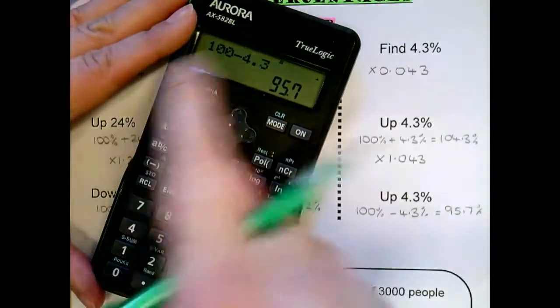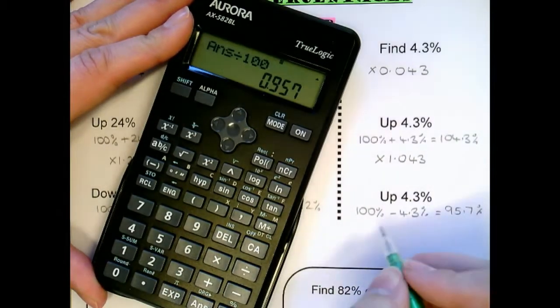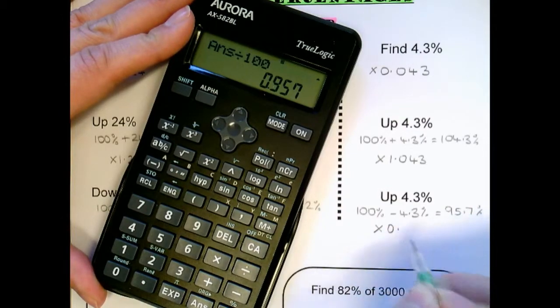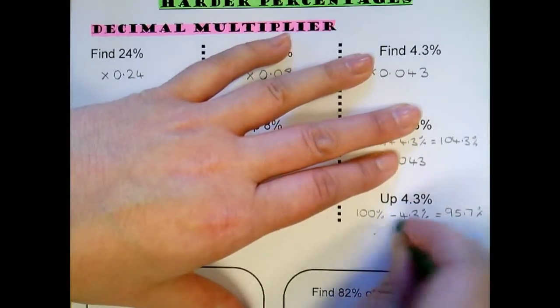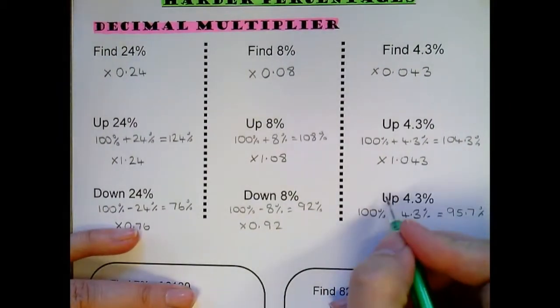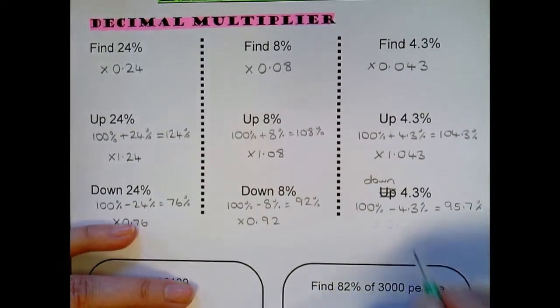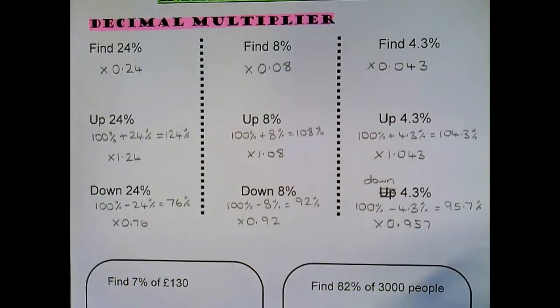And then you can even turn this into a decimal on your calculator if you want. Divide it by 100 to get it as a decimal multiplier. I just had the question written wrong there, it should be down by 4.3%, so it would be timesing by 0.957.